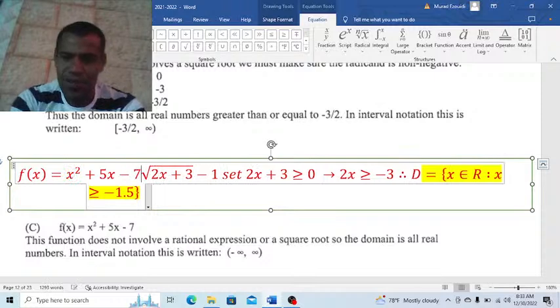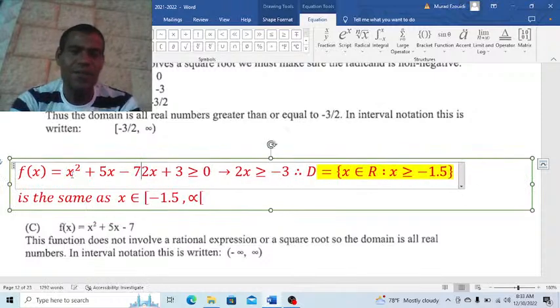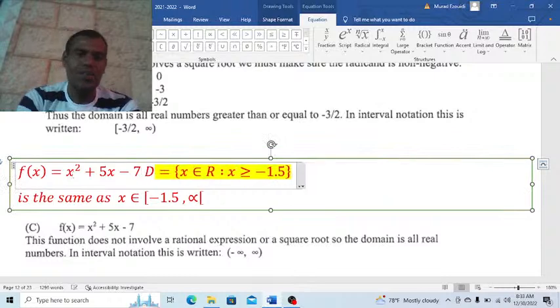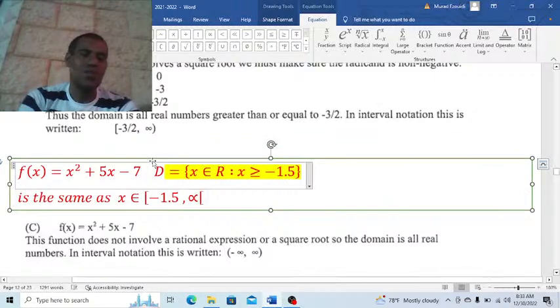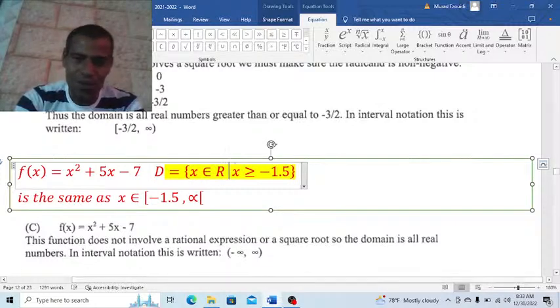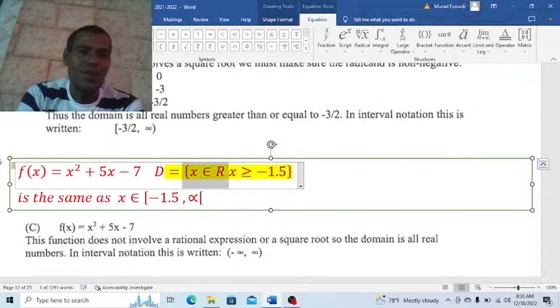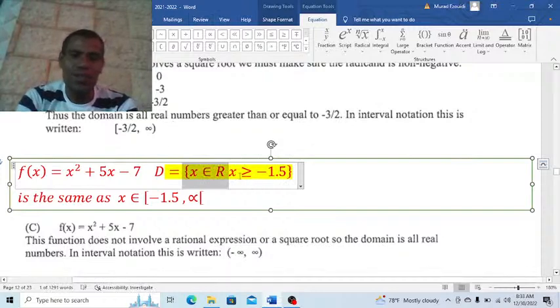So this one, learners, is in fact a quadratic equation. So the domain, in fact, is x real. It's the set of real numbers, whatsoever the value of x, either positive or negative.